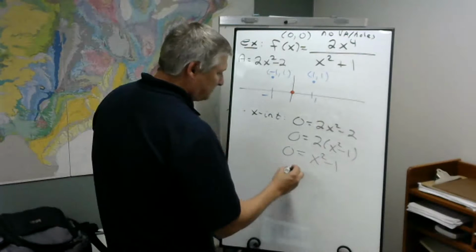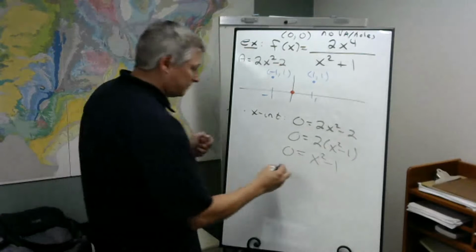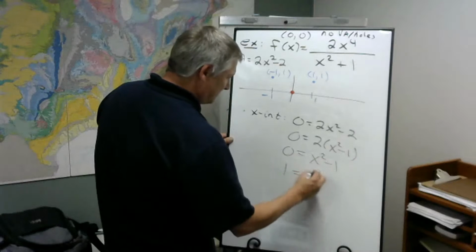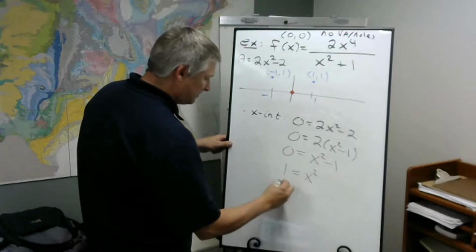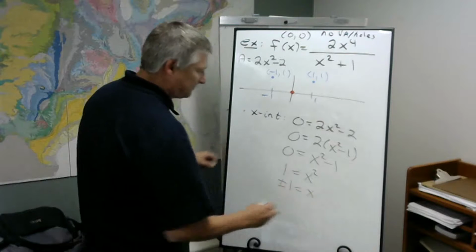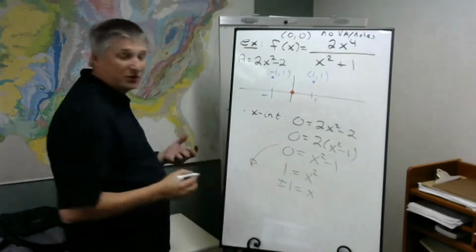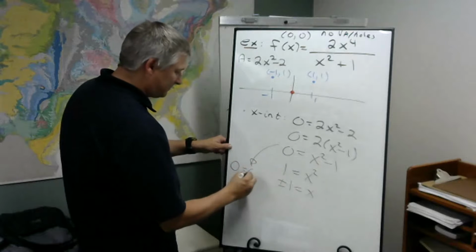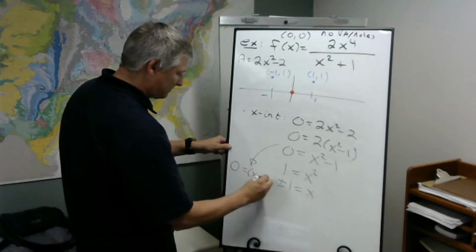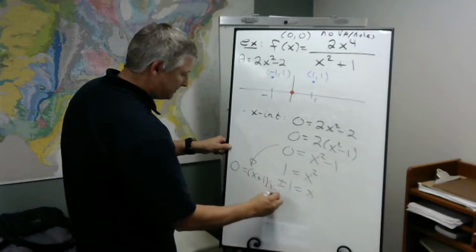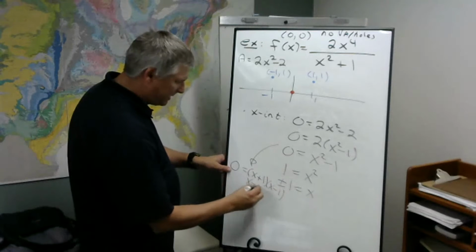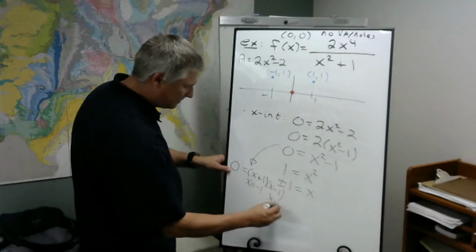So we could write this in terms of factoring, or we could do it another way. We could add 1 to both sides, square root it, plus or minus 1 is x. But again, what you could have done here is the difference of squares. That becomes that. So this says this will be 0 when x is -1.